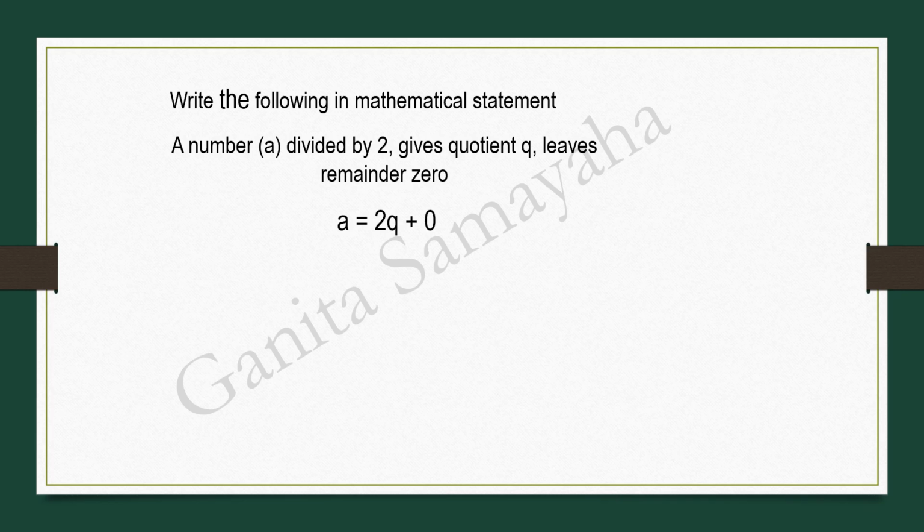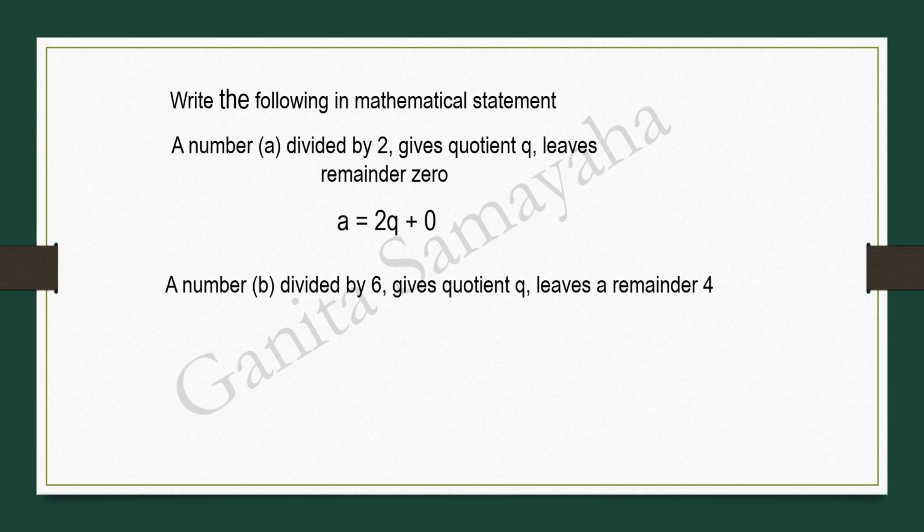So given a statement in the literal form, you must be able to write it in the mathematical form. Given a mathematical statement, you must be able to decipher the meaning in the literal form. These two are also important for you. Is it clear, children? Now, one more. A number B divided by 6 gives quotient Q and leaves a remainder 4.